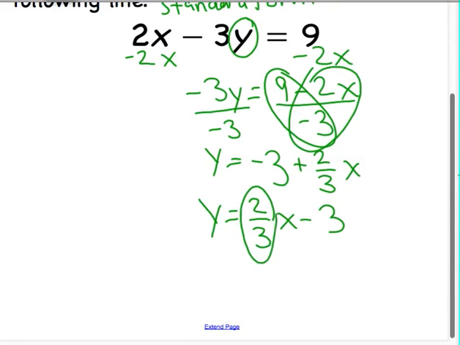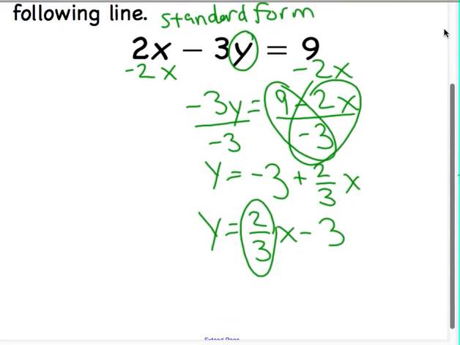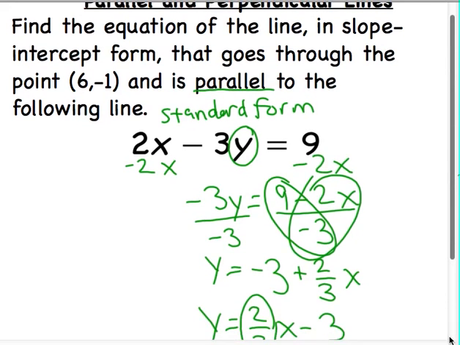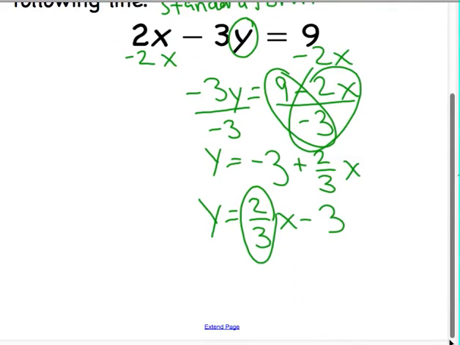We locate the slope. So the slope is +2/3. So that means, if I go back up and look at this, we are looking here for the parallel line. So the parallel line means we use the same slope. So we use y equals 2/3 x plus b.